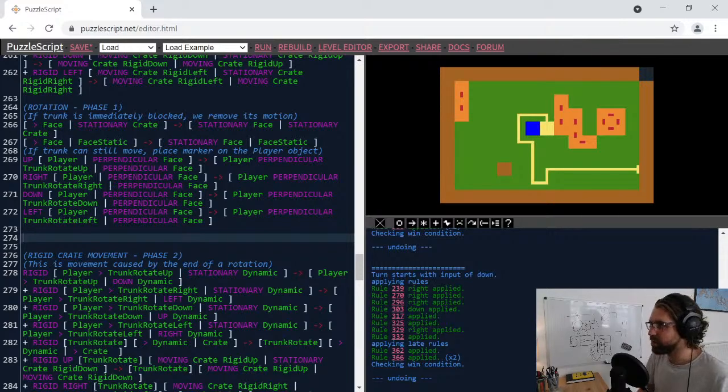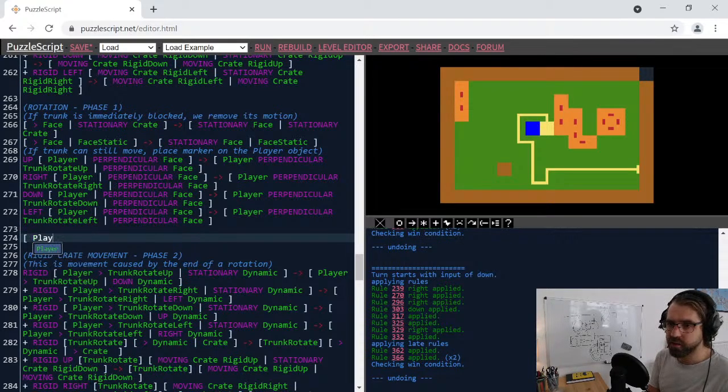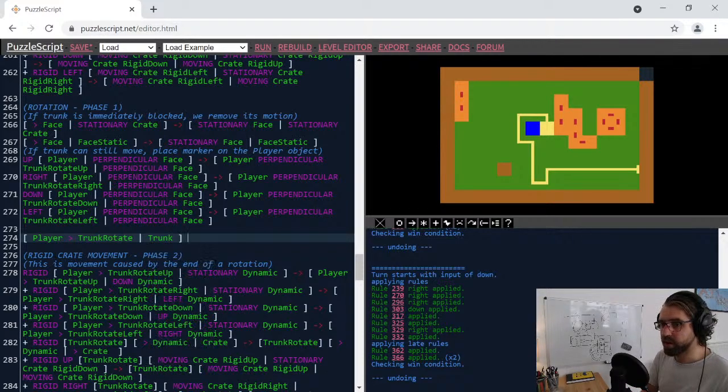Is that right? I think that's right. So if I have a trunk rotate, let's say a player trunk rotate, and the trunk rotate is pointing in a certain direction, and then in the next cell there is a trunk already, then we can't rotate.